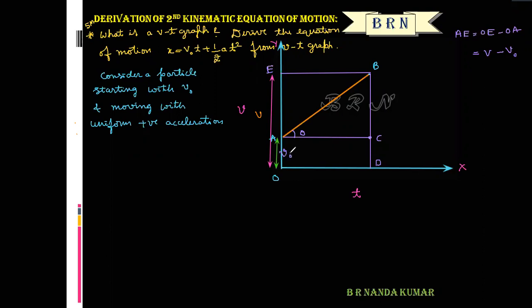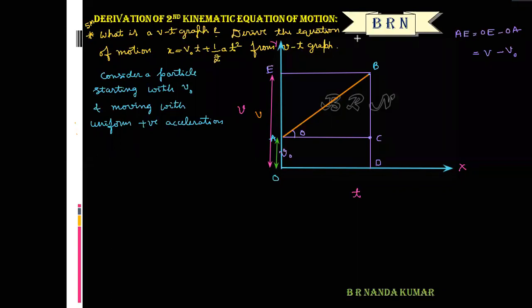What is the meaning of V naught? V naught is the initial velocity of a particle. Actually, here particle starting with initial velocity V naught and moving with uniform positive acceleration. So what is the value of dc? So dc, that is exactly equal to AE, right?